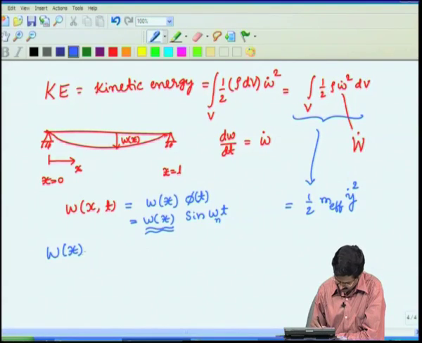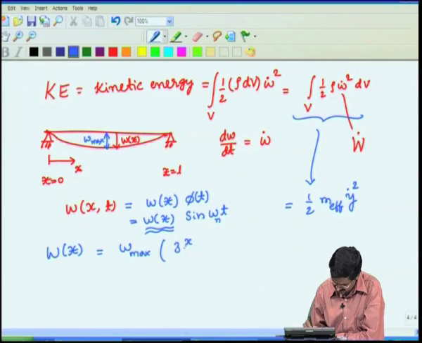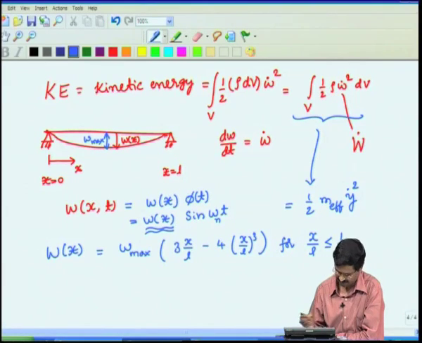So, W of x here will have this form, which is W max, which in this case happens to be at the midpoint, W max times 3x by L minus 4x by L whole cube for x by L less than or equal to half.